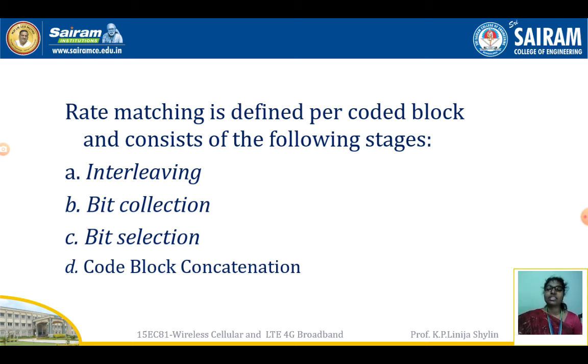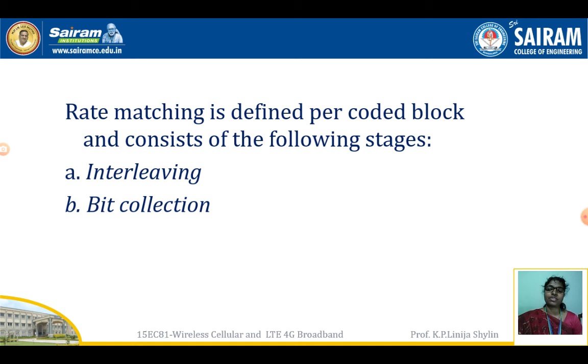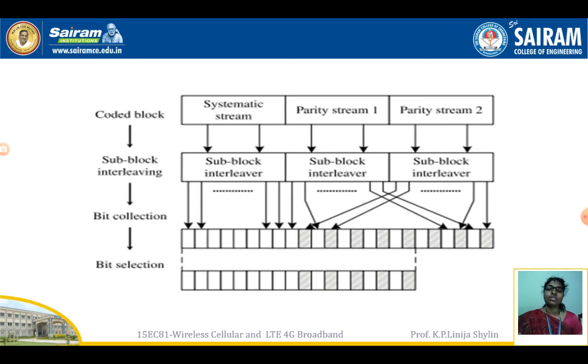Let us see the diagrammatic representation and study the operation. See here, first the total stream is divided into the systematic stream, then parity stream 1 and parity stream 2. Next is the coded block. After this, the next step is interleaving.